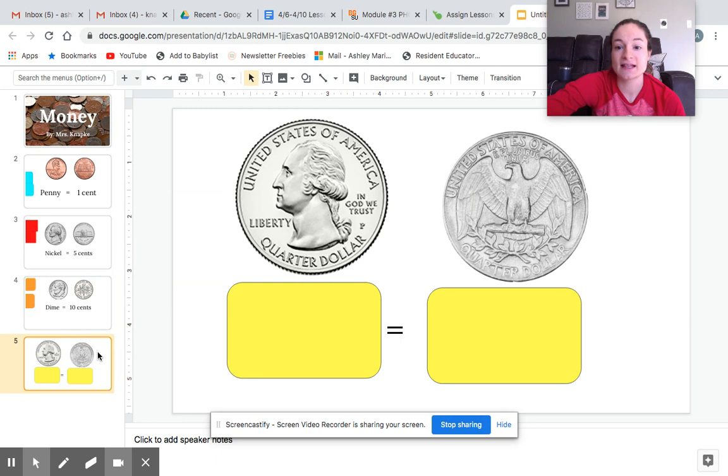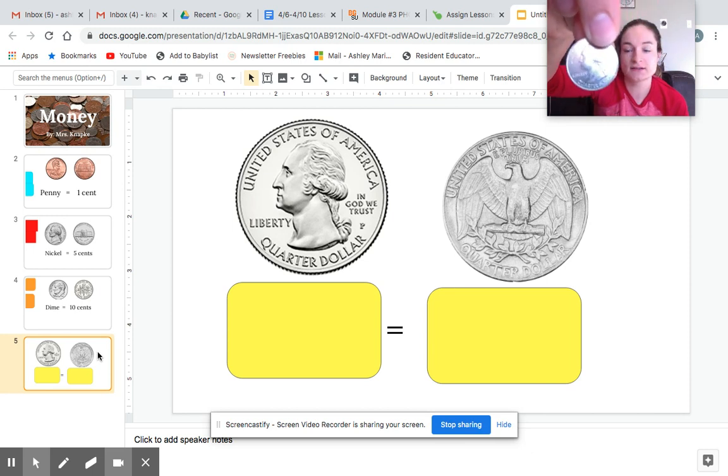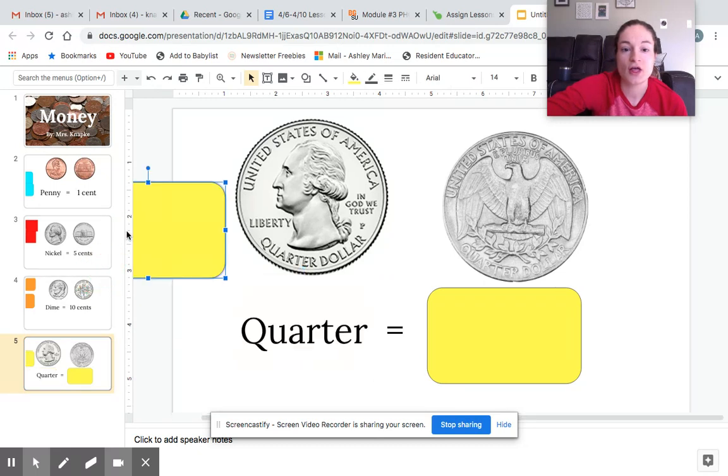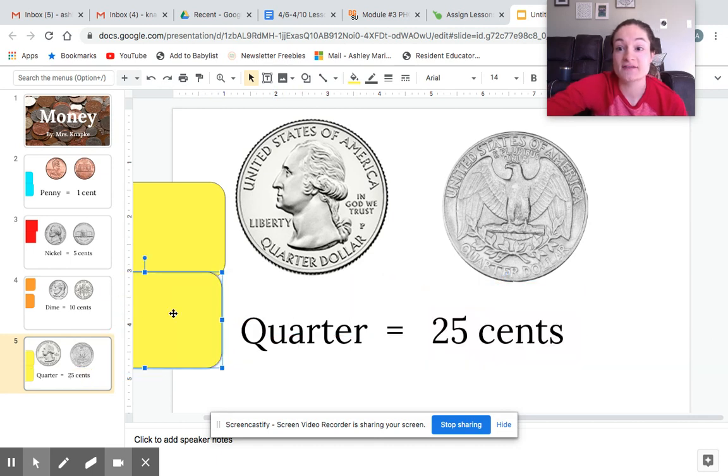All right, and this last coin I want you to grab, it's the biggest. Here's one side and here's the other side. It's the biggest out of all the coins that we're going to talk about. It is called the quarter, and the quarter is worth 25 cents.